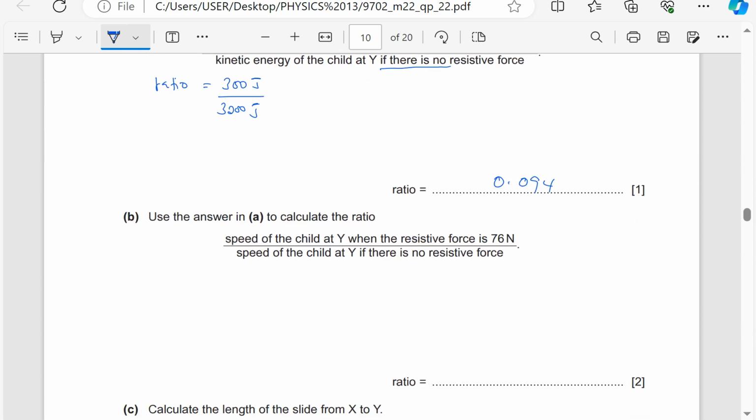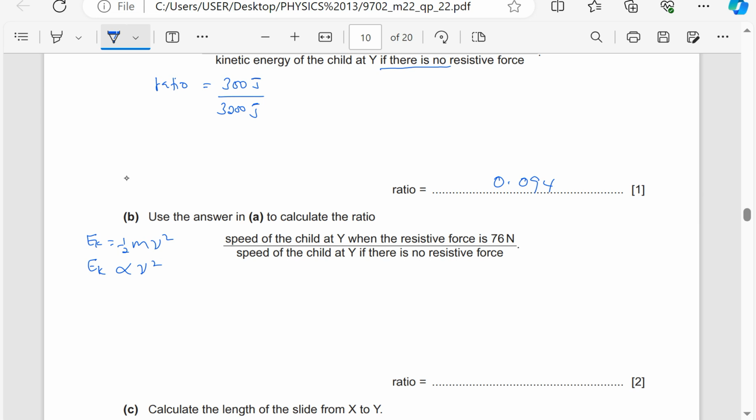Use the answer in A to calculate the ratio of the speed of the child at Y when the resistive force is 76 newtons over the speed of the child at Y if there is no resistive force. So remember, kinetic energy is equal to a half m v squared. It is the same child, meaning the mass is the same. So kinetic energy is directly proportional to the speed squared.